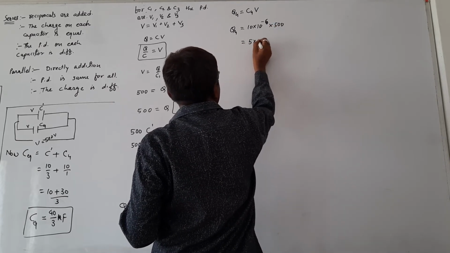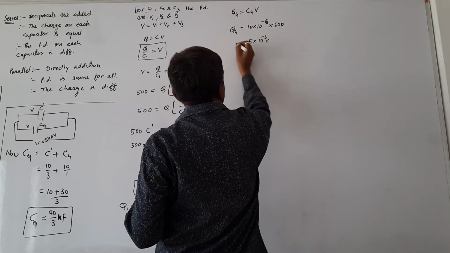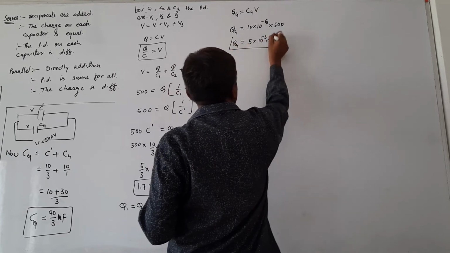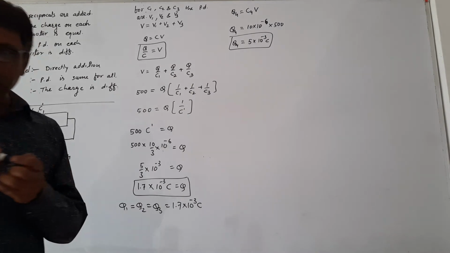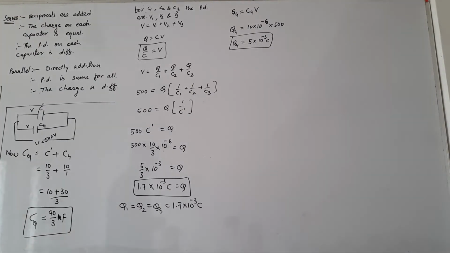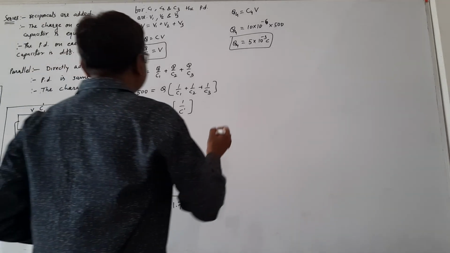So naturally you get this one, 10 raised to minus 4 coulomb. So I hope that you can understand the whole sum.